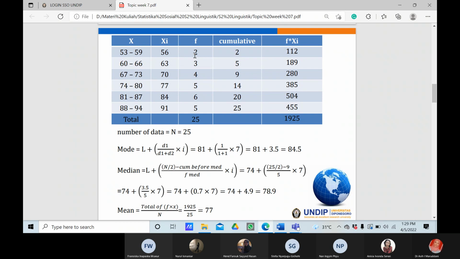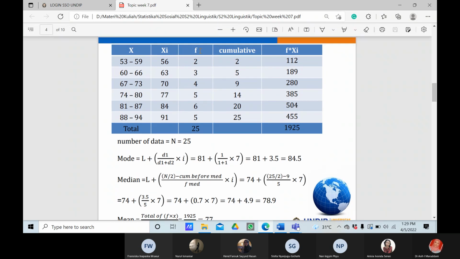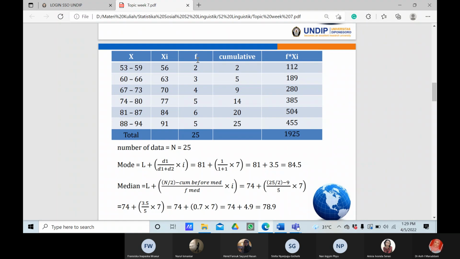And this frequency comes from the table that you built before, and the cumulative is the same. And like the calculation for the single data, you have to add a column here, then you calculate the frequency times the score, and the score is replaced by the midpoint.